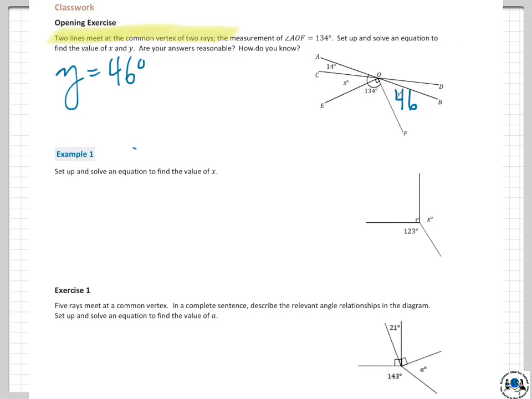Now we've got to look at x. Here is our x right here. Simple or not simple?